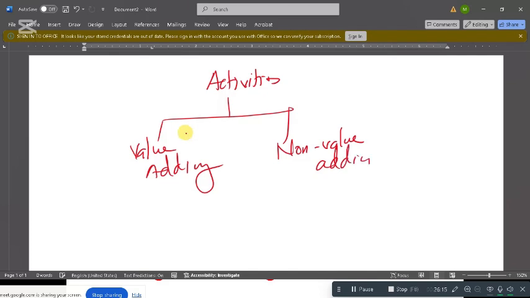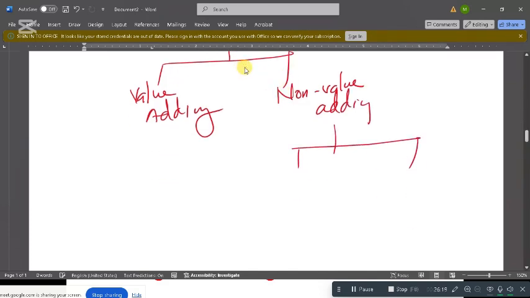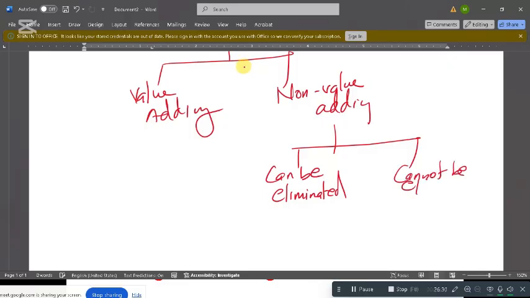These non-value adding activities, again I can divide into two: can be eliminated, cannot be eliminated. See, reworking you can eliminate. If you don't make mistakes, you can eliminate that.